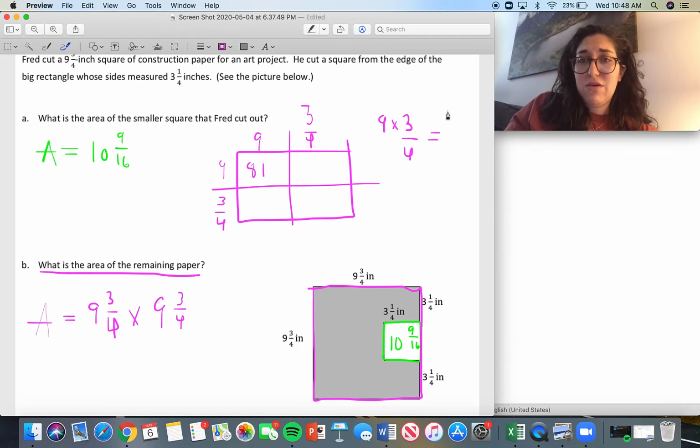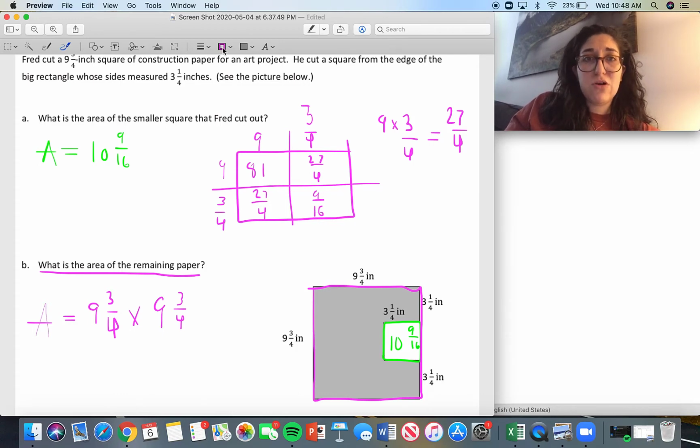9 times 3 is 27 over 4. I'll do that here, 27 over 4. And I have that here as well, the same one, so I know I'll get the same answer, 27 over 4. And then finally, 3/4 times 3/4: 3 times 3 is 9, 4 times 4 is 16.